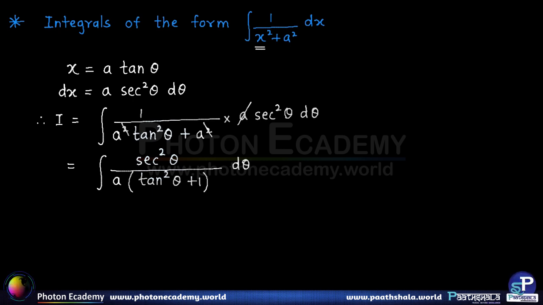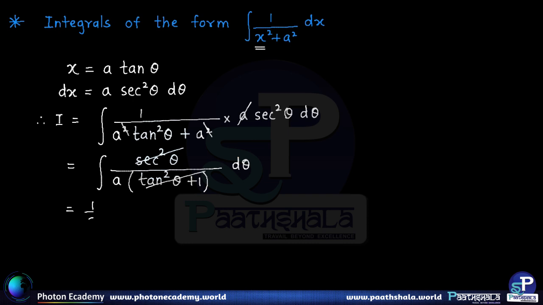Now we know that tan square theta plus 1 is sec square theta, so that will also get cancelled, and we are left with 1 upon a integral of d theta. So integral of d theta is nothing but just theta, and of course plus c. So that gives us 1 upon a.